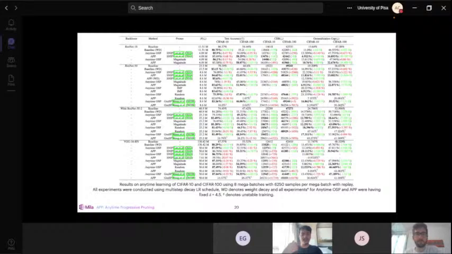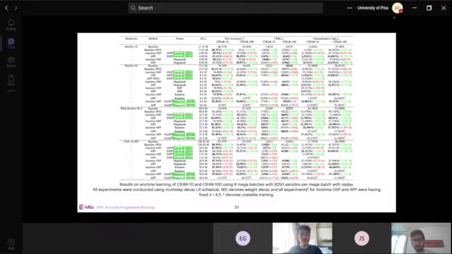You will see that there is a very common trend, which is that APP usually improves test accuracy in most cases, if not all, decreases CER as compared to OSP and baseline, and massively drops the generalization gap.